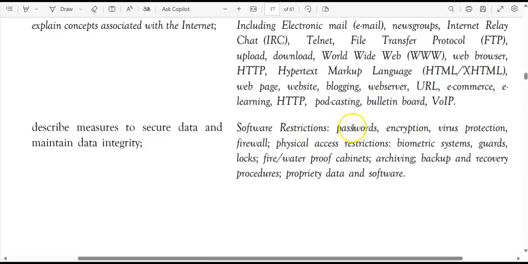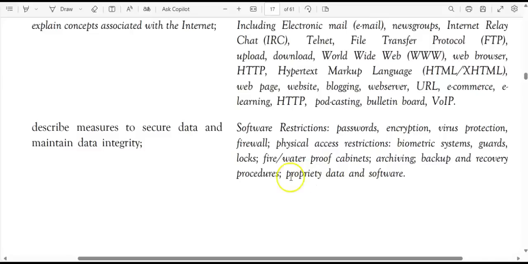Example, passwords, encryption, virus protection, firewall, physical area access restrictions, biometric systems, guards, locks, backup and recovery procedures, fireproof, waterproof cabinets. All those are examples that are used to secure data and maintain data integrity.